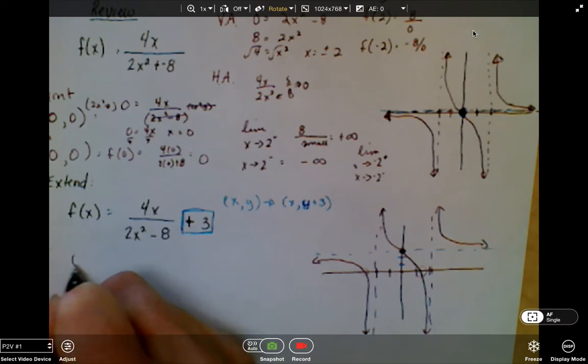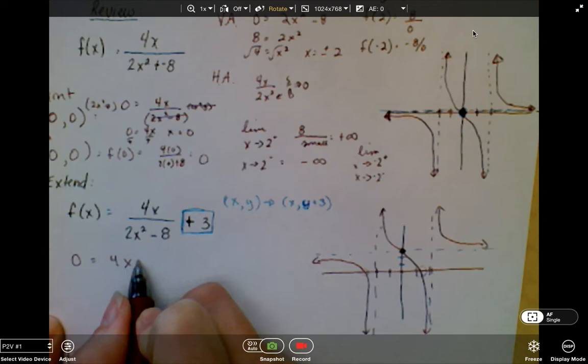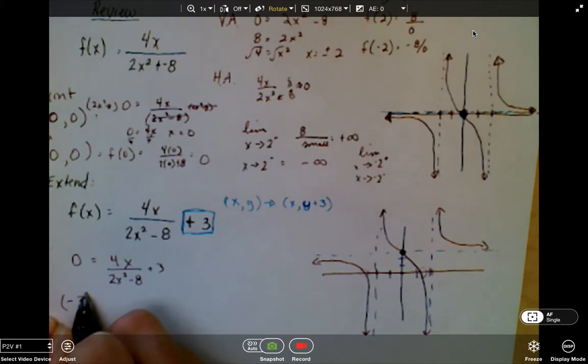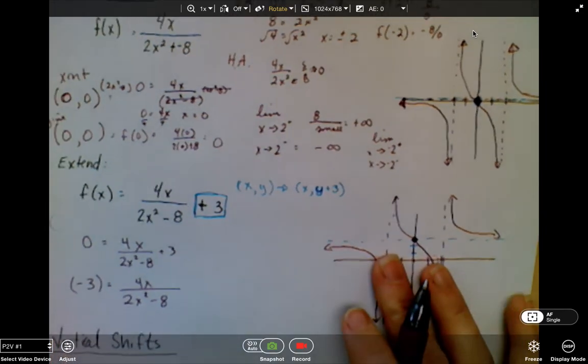0 equals 4x over 2x squared minus 8 plus 3, so -3, and then you would multiply through, and then you would have a horrible little quadratic to solve.